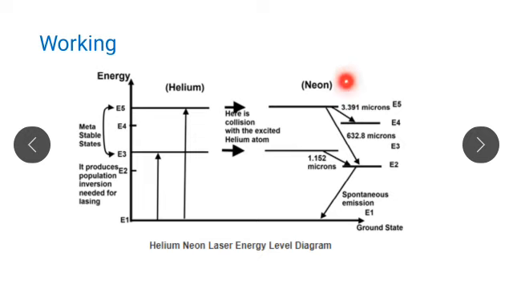Then the neon atoms also get excited, and after completion of their lifetime they return to the ground energy state. When they return to the ground energy state, they emit a photon of the same energy, same frequency, same wavelength, and therefore the laser beam is produced.